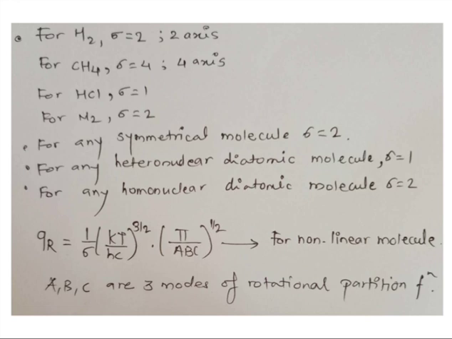So this equation is useful for calculation of the rotational partition function of a non-linear molecule having three modes of motion, A, B and C. That's why it contains the three rotational constants. So in this way we can find the rotational partition function of homonuclear, heteronuclear or any diatomic molecule or polyatomic molecule.